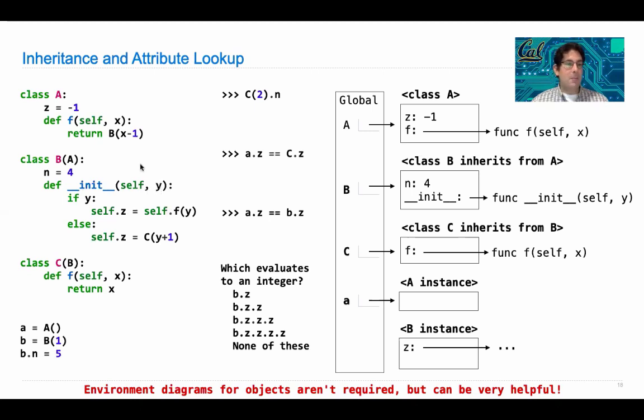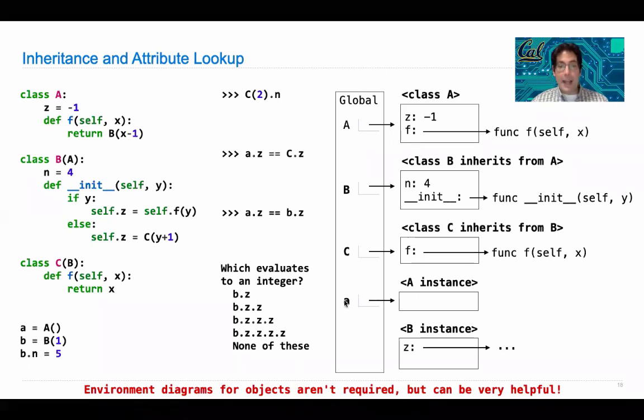So y would be bound to 1, self would be bound to this B instance, and then we check if y is true, which it is. So we set self.z to something. And I put this ... because we actually don't really need to figure out what this does in order to answer the question of whether a.z equals b.z. Okay, so let's see what we can learn about this structure.